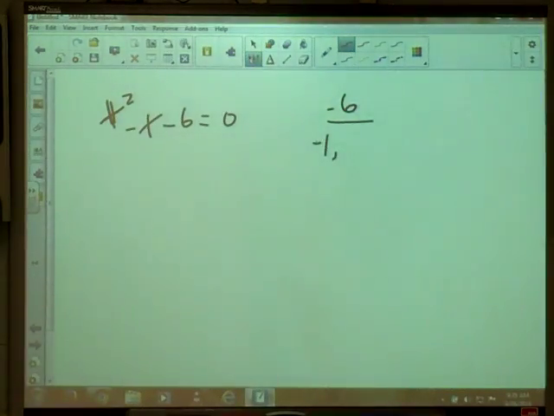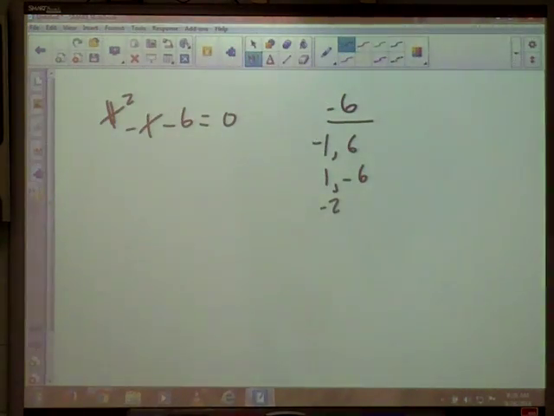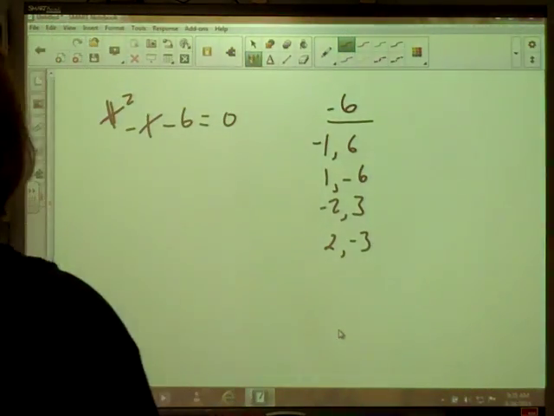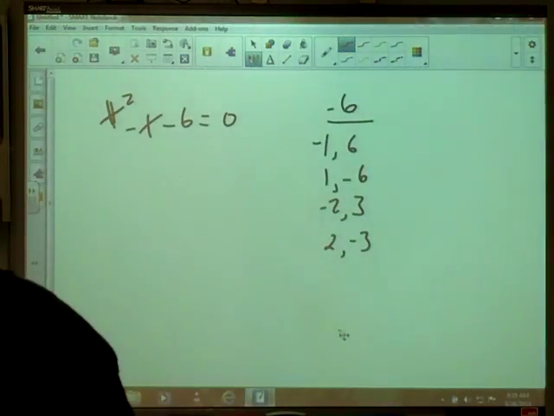What two whole numbers can I multiply together to get negative 6? Negative 1 times 6 will work. 1 times negative 6 will work. Negative 2 times 3 will work. 2 and negative 3 will work. So now I need to find if there's a pair of those, because there's not always going to be, that will add to my B. What is my B? Negative 1.